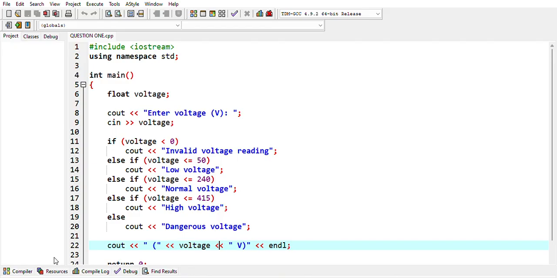We move on to else, cout << "Dangerous voltage". If the voltage is greater than 415, it displays it as dangerous voltage.